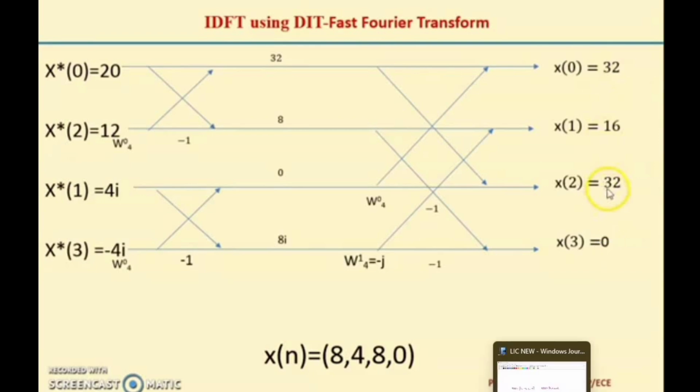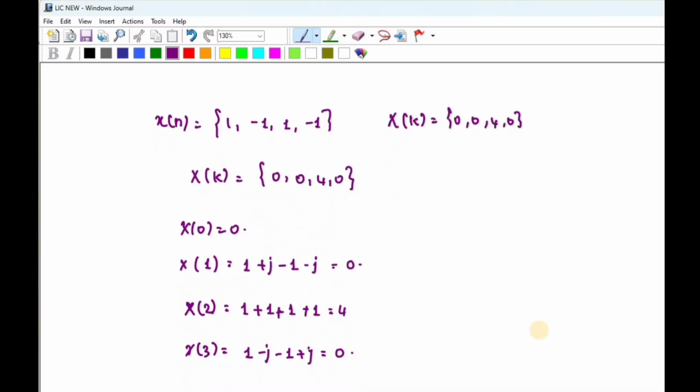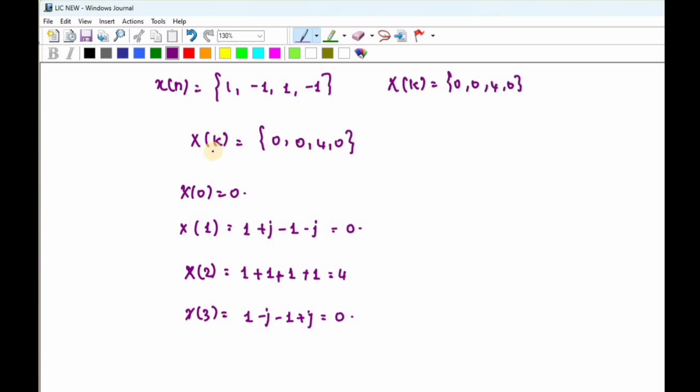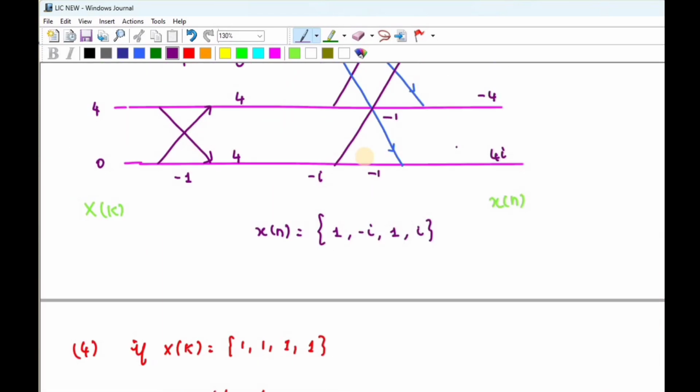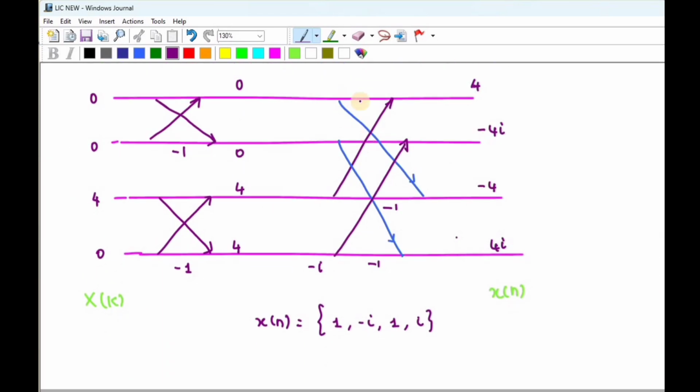Okay. So now let us discuss another problem. Here they have given x of k is equal to 0, 0, 4, 0. Then we need to perform an IDFT using the DIT algorithm. So this is my background.